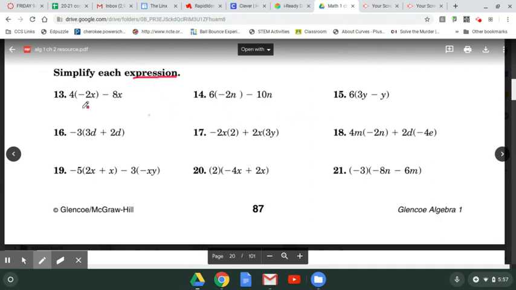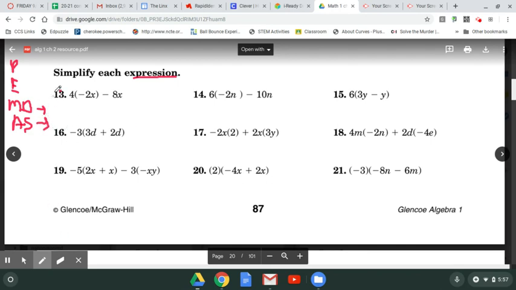So when we have numbers and operations, we use order of operations, and that's Please Excuse My Dear Aunt Sally. We do parentheses first or grouping symbols, then exponents, then multiplying and dividing from left to right, then adding and subtracting from left to right.